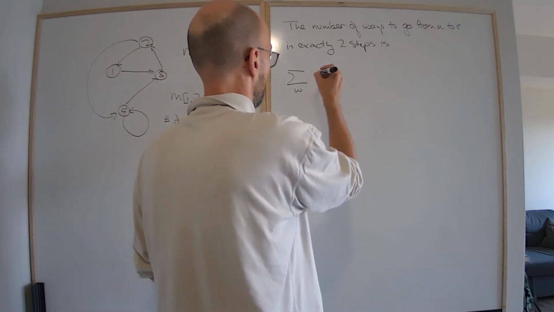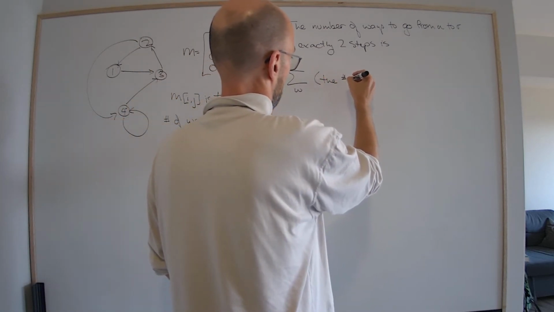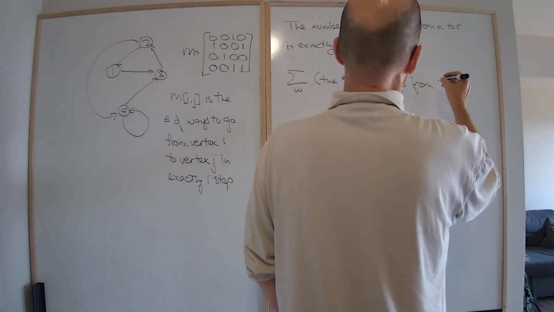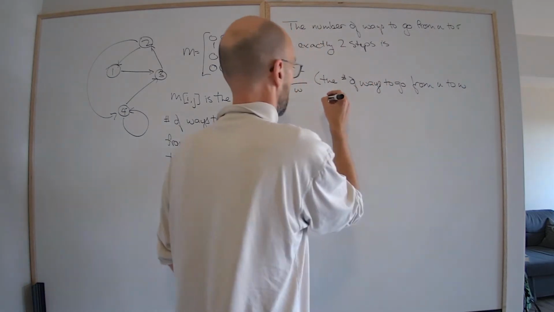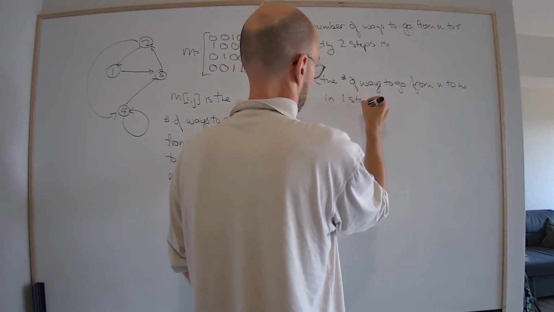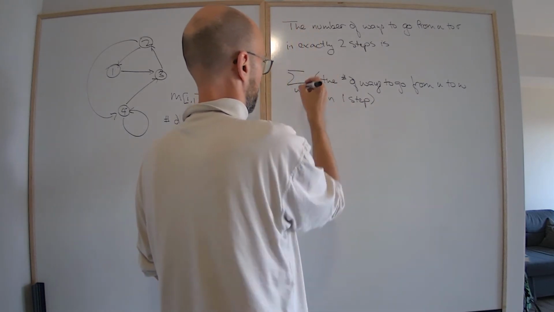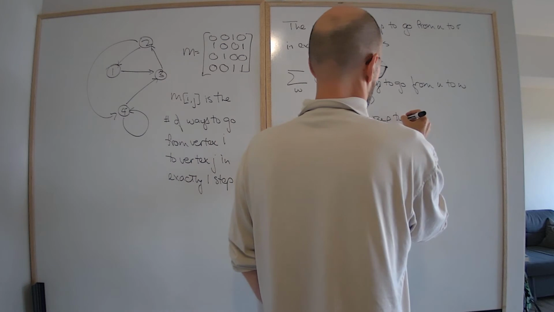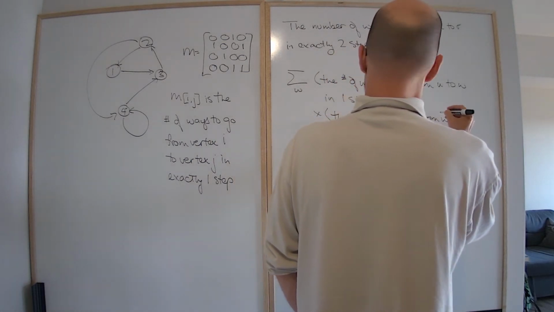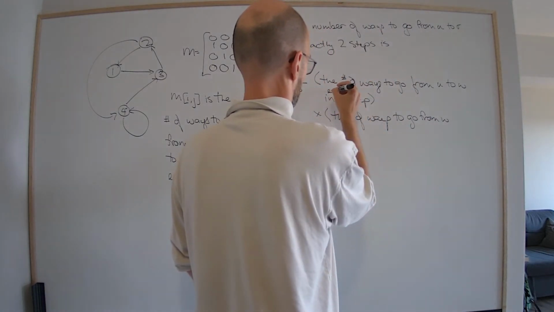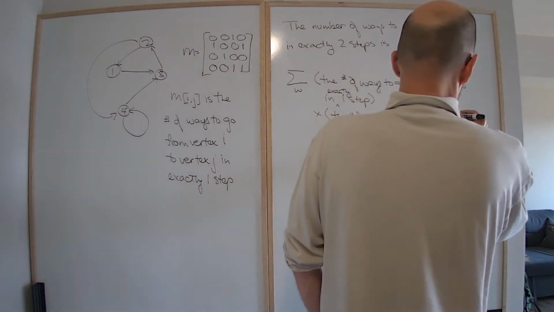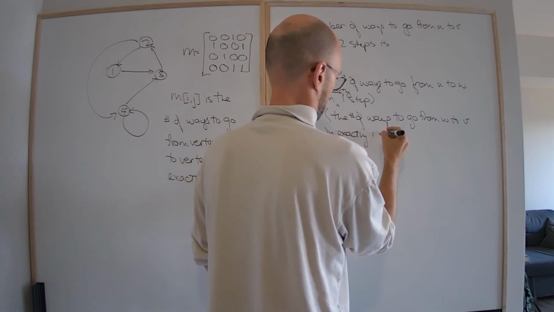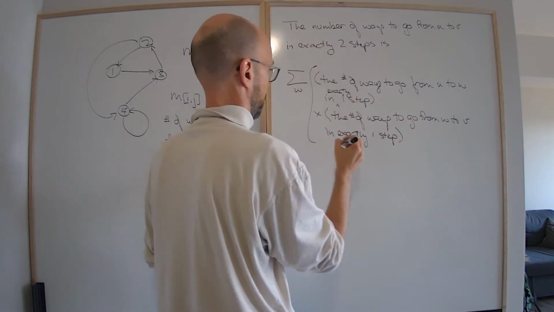Take the sum over W of the number of ways to go from U to W in 1 step, times, and I'm going to put this in a big square bracket, the number of ways to go from W to V in exactly 1 step.